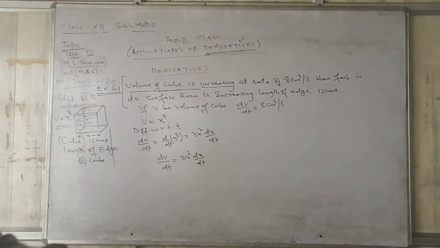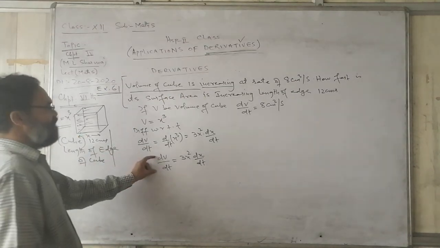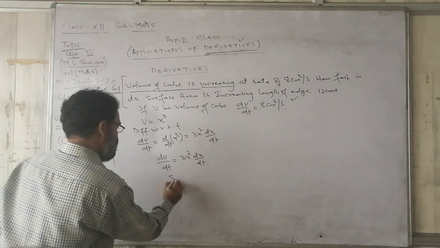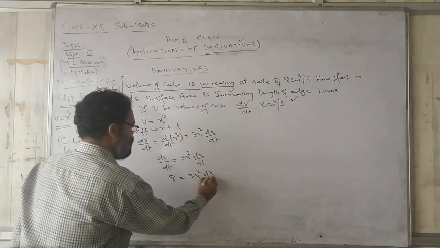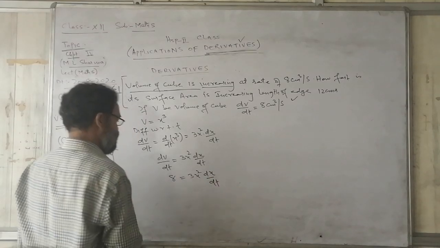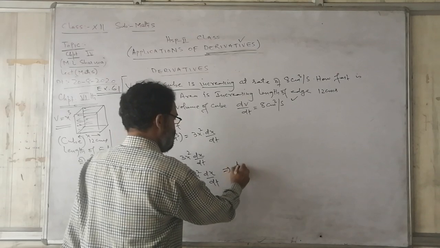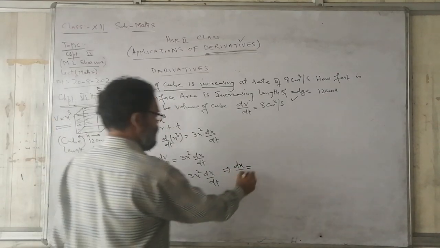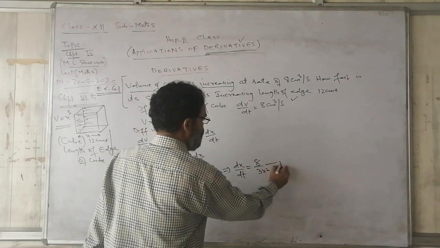Now value of dV upon dt, that is rate of increase in its volume, is given to me as 8 centimeter cube per second. So I can write this as 3x square into dx upon dt. This means the value of dx upon dt will equal 8 upon 3x square.